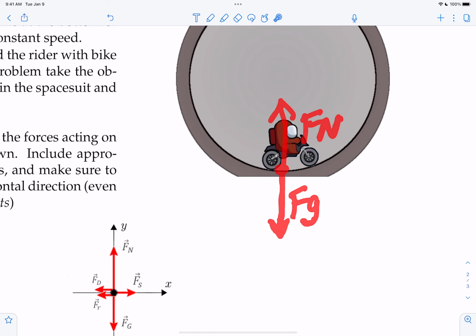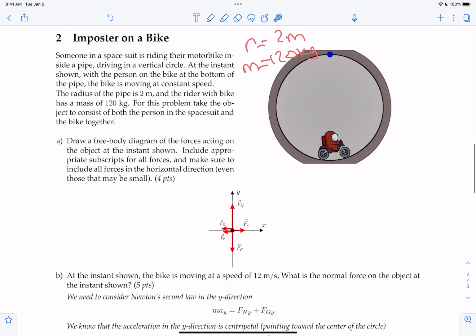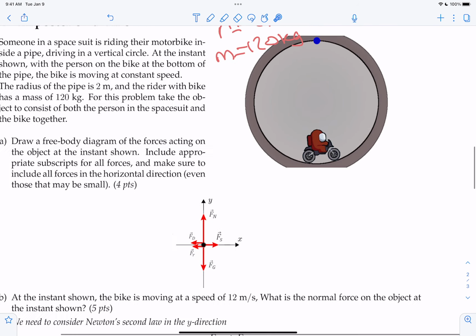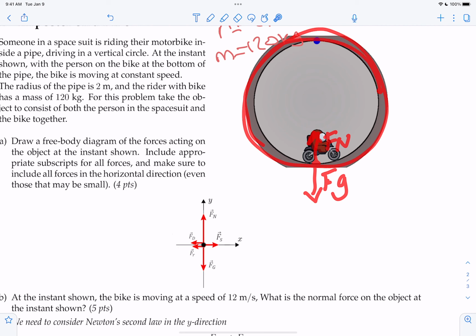There isn't any acceleration in the y direction, or at least, actually no, I take that back. My bad. Actually I made a mistake there, because you have normal force and you have gravity, but in order to move in a circular path, we have to have a centripetal acceleration. We have a centripetal force. That means that it's pointed towards the center of the circle.